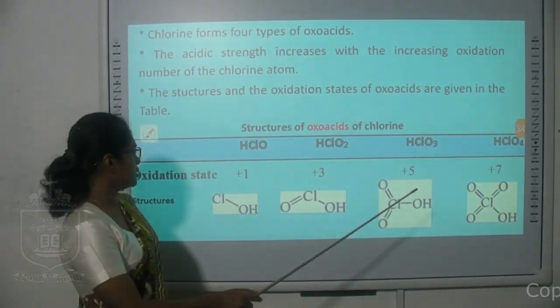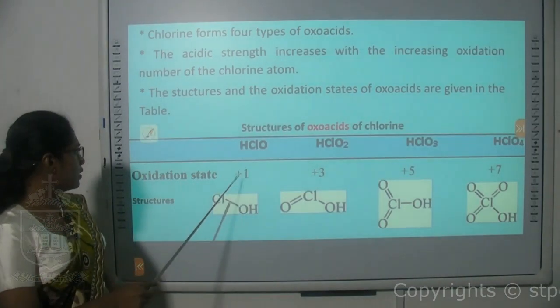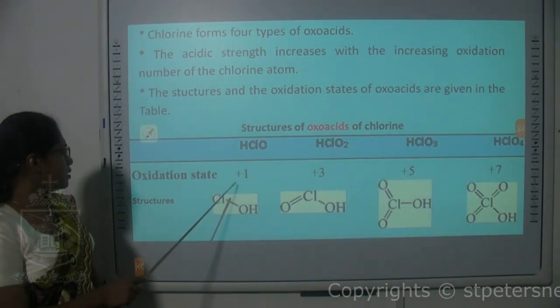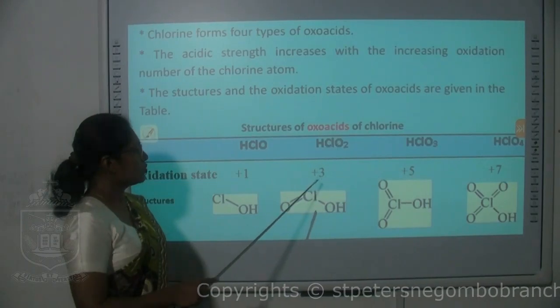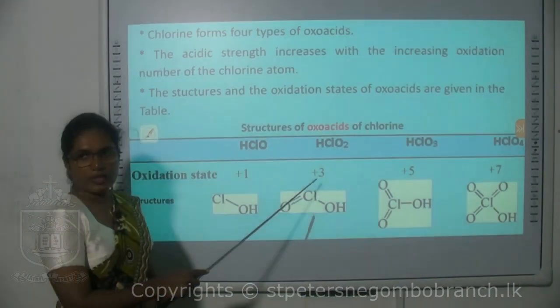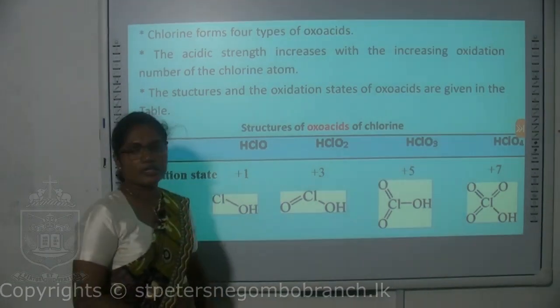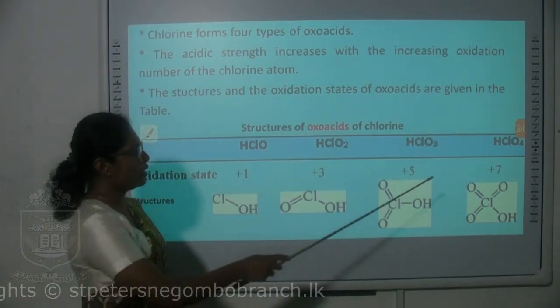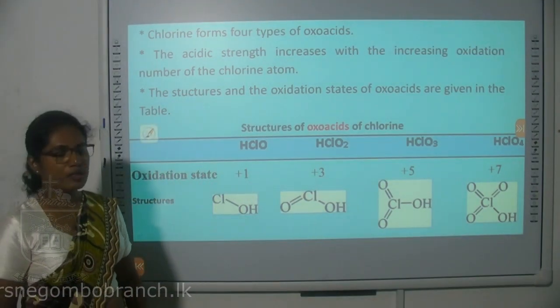These are the structures. HClO shows +1 oxidation state in chlorine, HClO2 +3 oxidation state, HClO3 +5 oxidation state, and HClO4 +7 oxidation state.